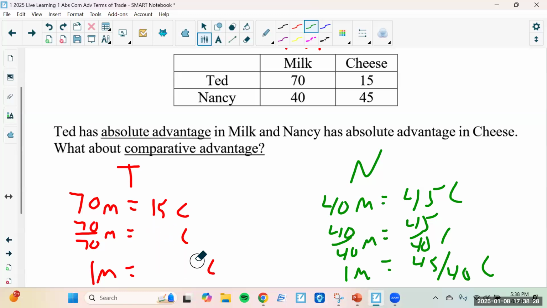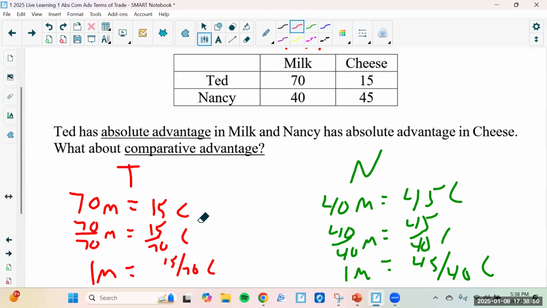I got flustered. You divide each side by 70. Boy, oh boy, I'm not making a good first impression. So it's 15 70ths, because if you divide the left side by 70, you've got to divide the right side by 70. Right? So this is 15 70ths.